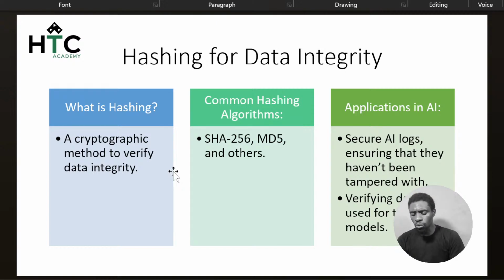Okay, so now let's go deep into hashing. Hashing was another technique that we treated previously in data integrity. So what is hashing? Hashing is a cryptographic method of verifying data integrity.